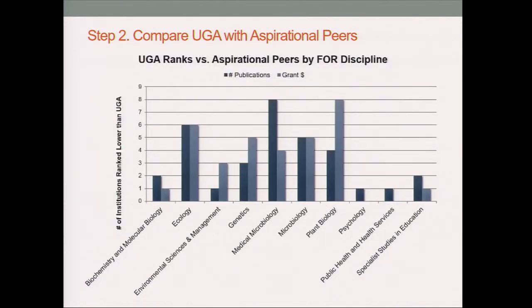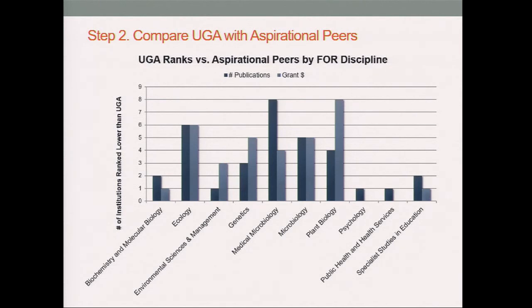So if you do that generally, I just picked the top 10 fields of research where UGA is performing well. And what I'm plotting here is sort of an inverse number. This is the number of institutions in the aspirational peer group that are ranked lower than UGA in each of these disciplines.